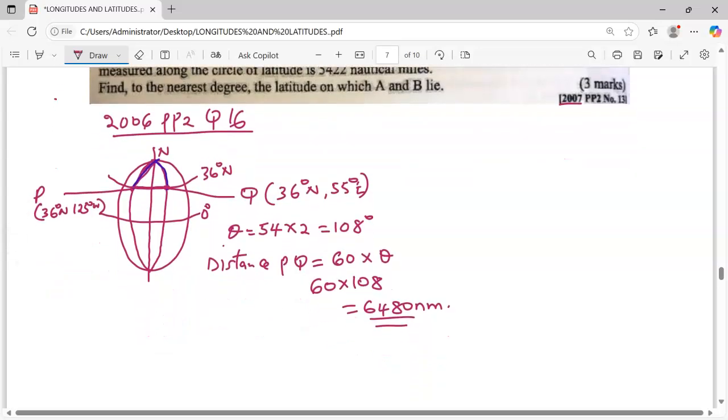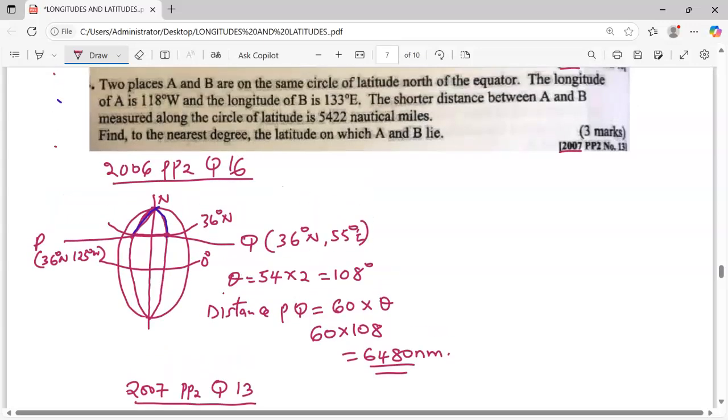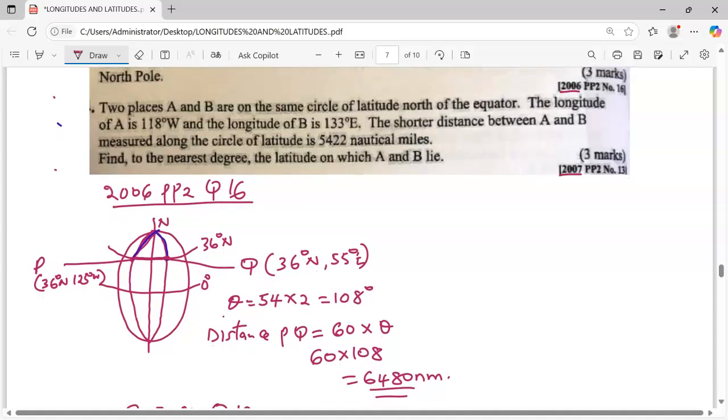We move to KCSE 2007, that is paper 2 question number 13, and in this question we have two places A and B on the same circle of latitude north of the equator.